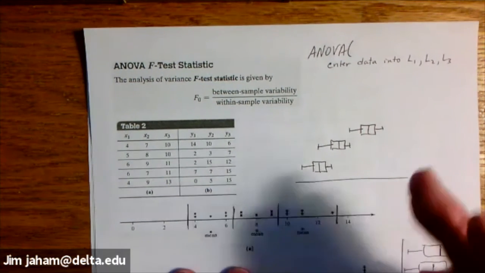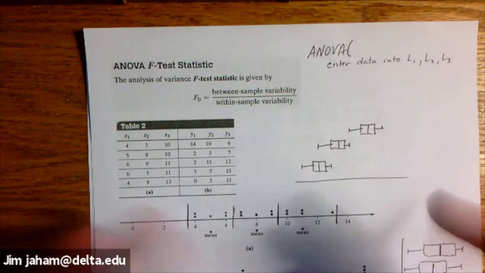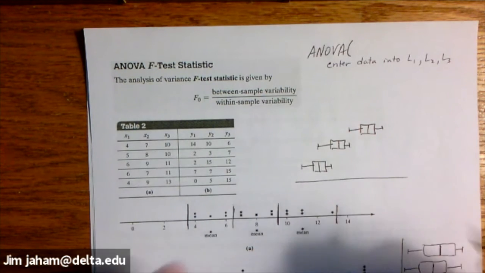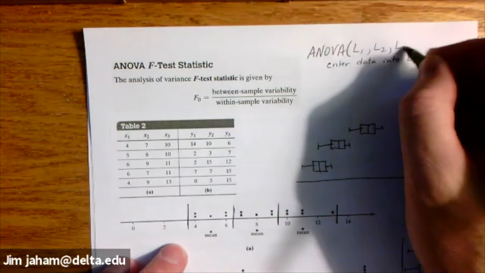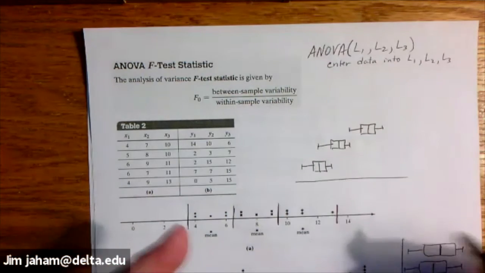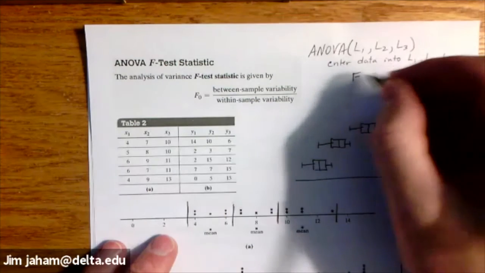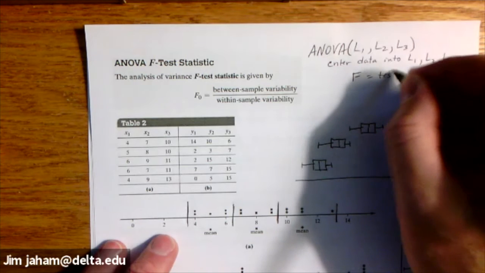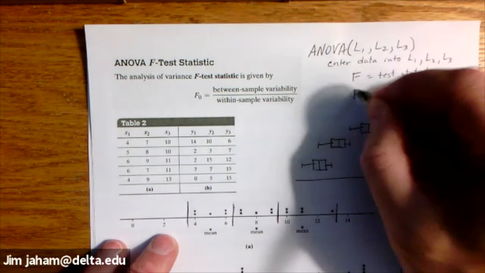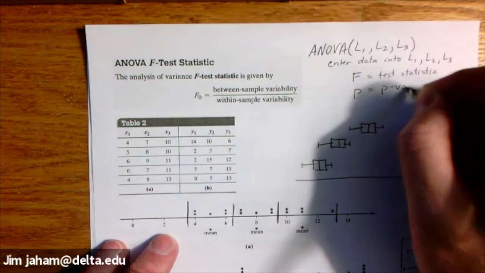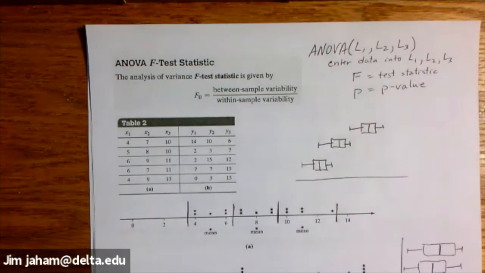And then when you run the Anova, you don't have a special menu where you go and enter things. You just say Anova, L1, comma, L2, comma, L3, and then run the test, and then it calculates the F test statistic and the p-value. So it gives you those two numbers. It also gives you a lot of other calculations.